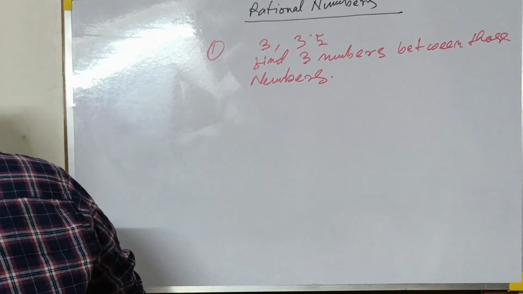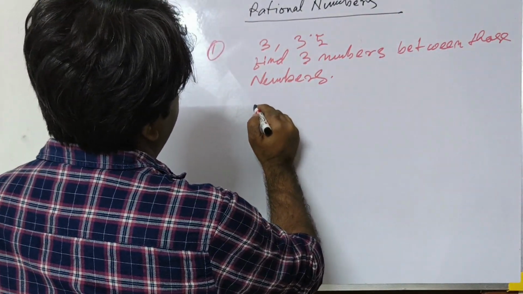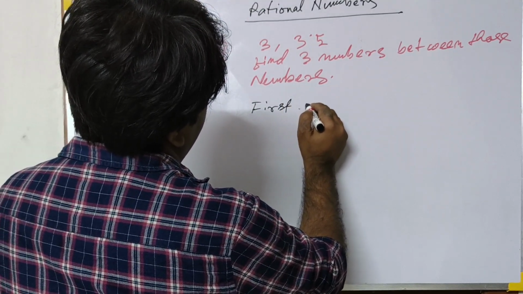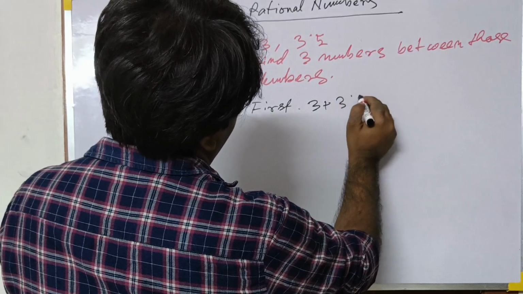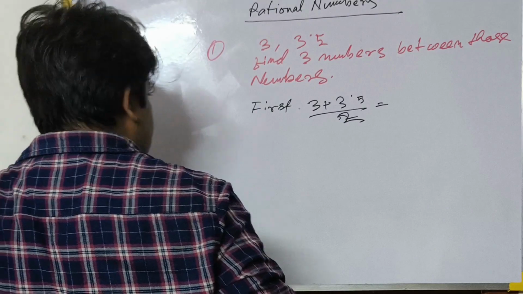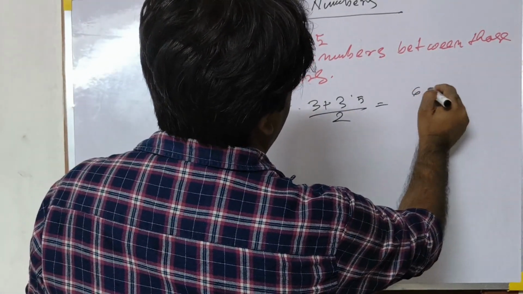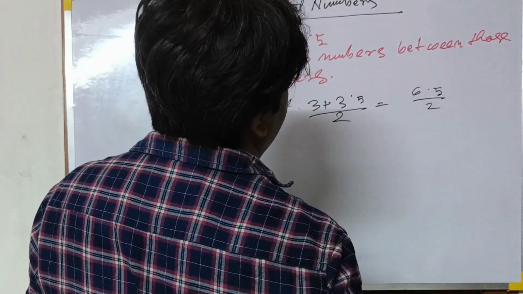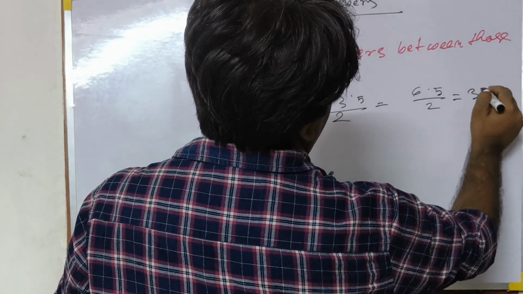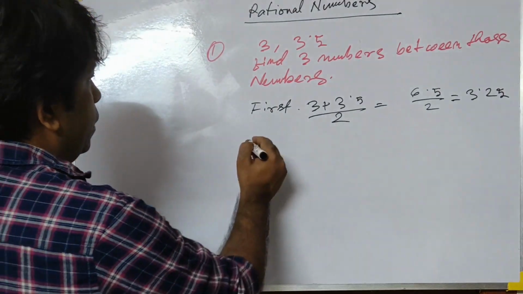Now we will do the same thing. The first number is (3 plus 3.5) by 2. So this one is 6.5 by 2, which can be written as 3.25.